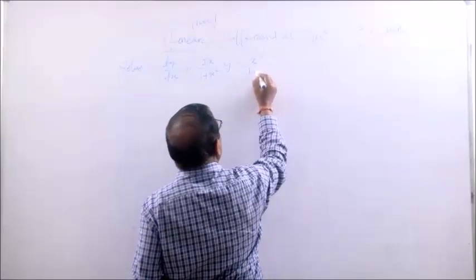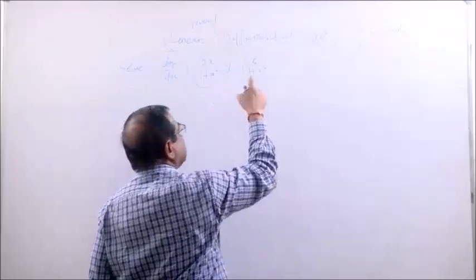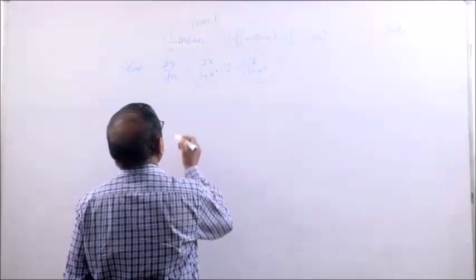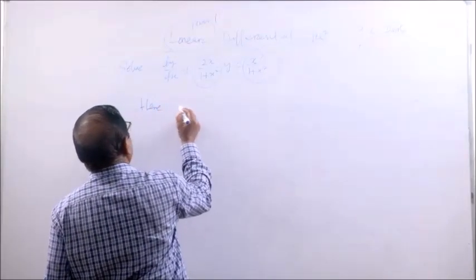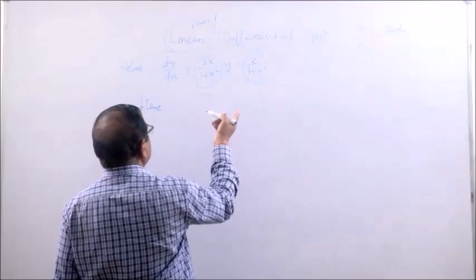Why have I given a round like this? Because P and Q are clear. So here this is case 1, this is linear in y.